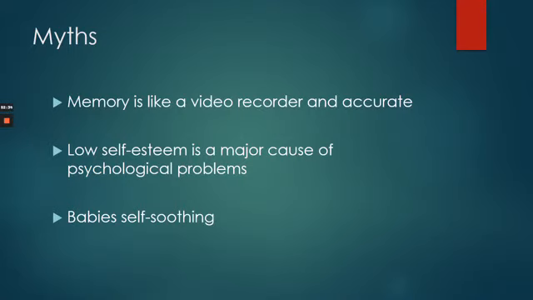You probably have taken general psych already, so you probably saw a lot of evidence about how memory is flawed. Low self-esteem is a major cause of psychological problems. Not really. Probably the stuff that causes low self-esteem is the root of problems, but self-esteem itself is not really the problem. Self-esteem is probably a symptom of something else that you experience that has caused various psychological problems, and self-esteem is just one of those things.